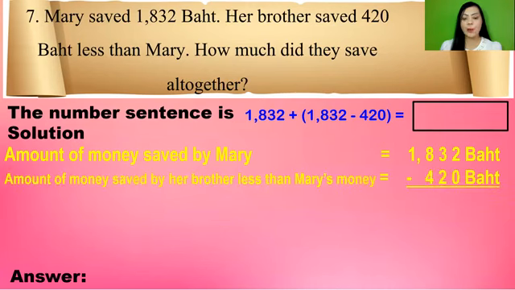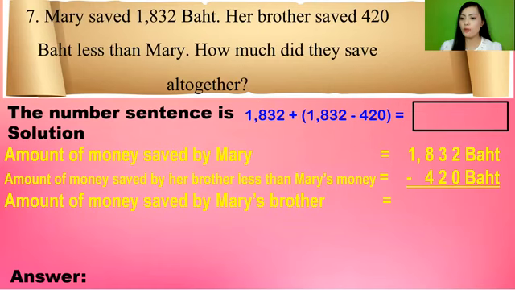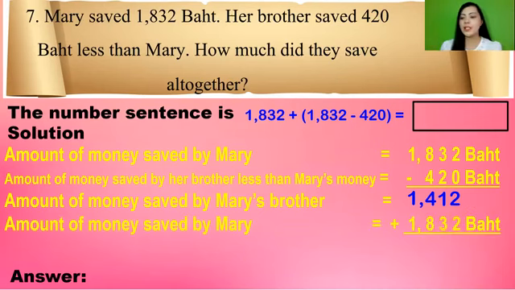Amount of money saved by her brother, less than Mary, equal to 420 baht. That's minus. Let's solve first. 2 minus 0 equal to 2. 3 minus 2 equal to 1. 8 minus 4 equal to 4. 1 minus 0, nothing there, equal to 1. So the amount of money saved by Mary's brother is 1,412 baht.